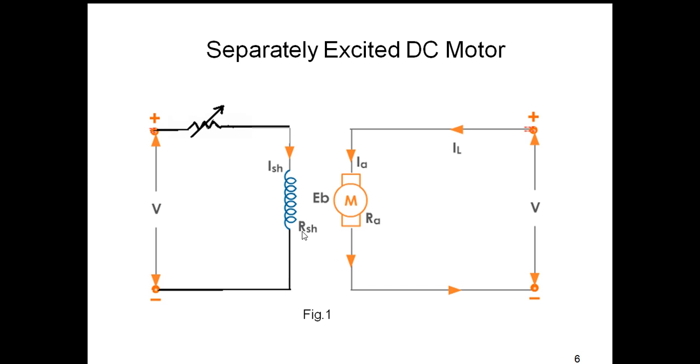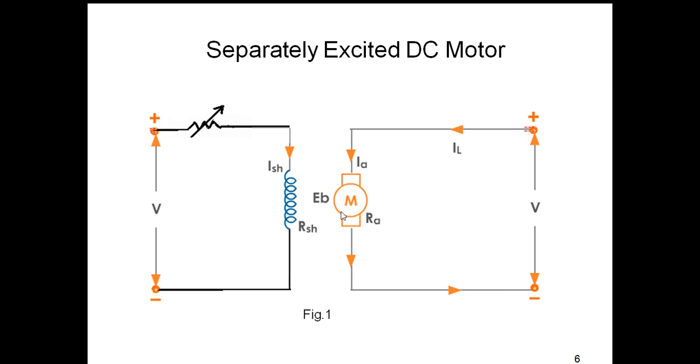In this motor, this is the armature, and the resistance of the armature is given as RA, and the current which flows into this armature is IA, and this is equal to the load current IL.